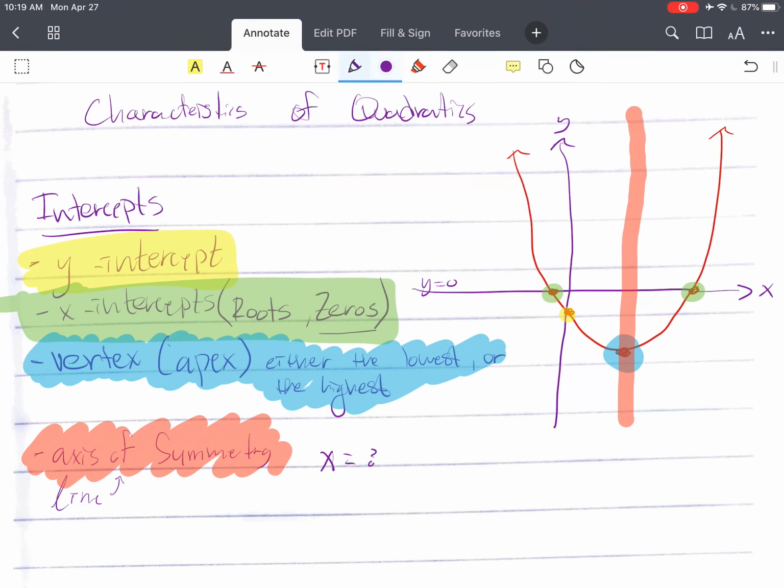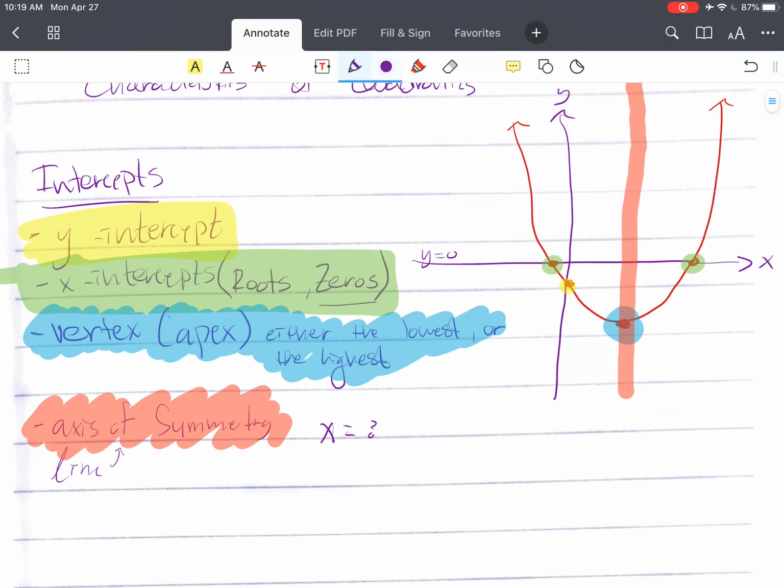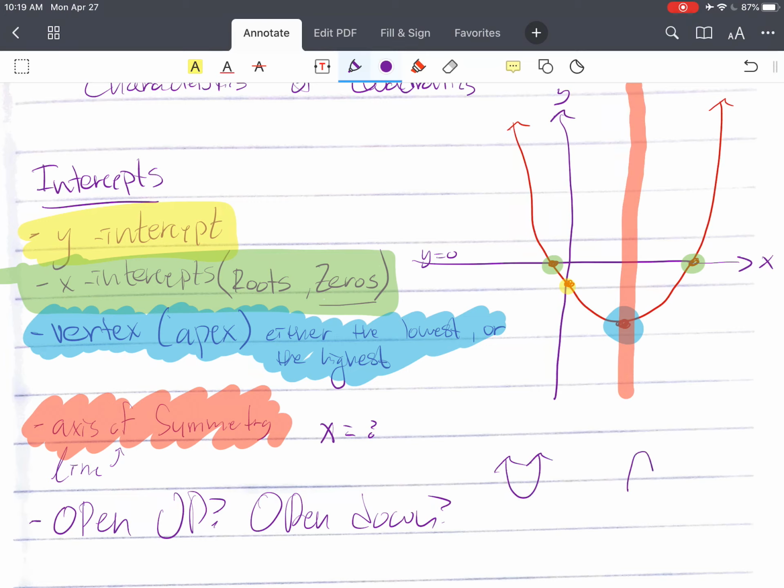And there's one last characteristic about quadratics in general. It's whether it opens up or opens down. Quadratics can either look like this or like this. They can go upwards or downwards.